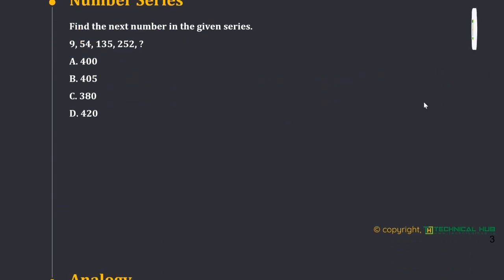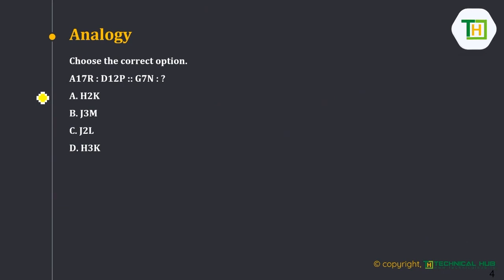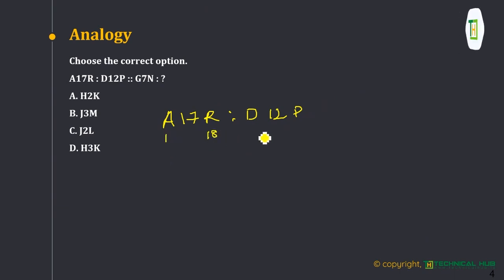Move on to the next one, analogy. Analogy means find the logic between the first two, and the same logic is applied to the third one to get the fourth one. First, take the logic between the first two: A17R is coded for D12P. First of all, write down the numbers: A is 1, R is 18, D is 4, and P is 16 in the English alphabet.